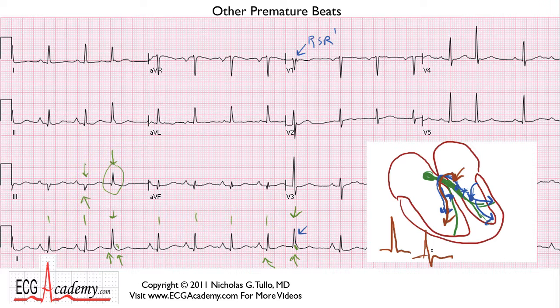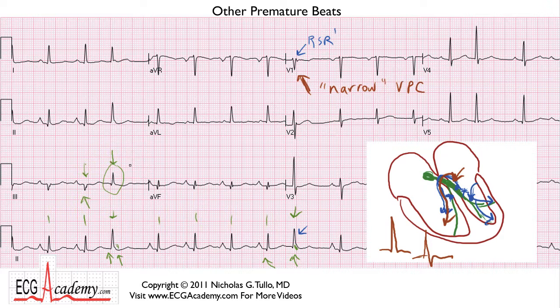It causes the QRS to become a little bit wider, but not quite so wide that you can call it a true ventricular premature beat. But in reality, it's arising from below the AV node. And so what I like to call this is a narrow VPC, or you can even call it a hemifascicular premature beat, because it's arising from the Purkinje system, it's arising from the conduction system itself.